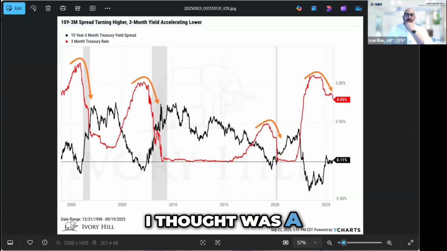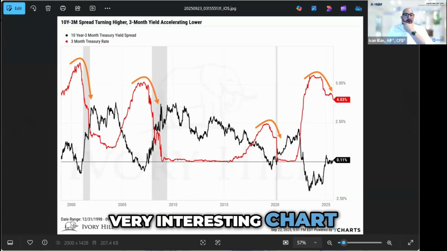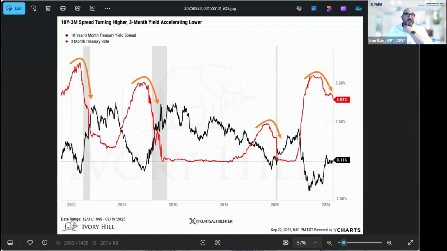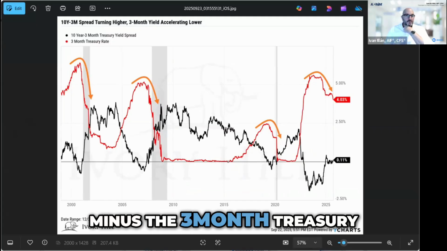This I thought was a very interesting chart showing the 10-year Treasury minus the 3-month Treasury.